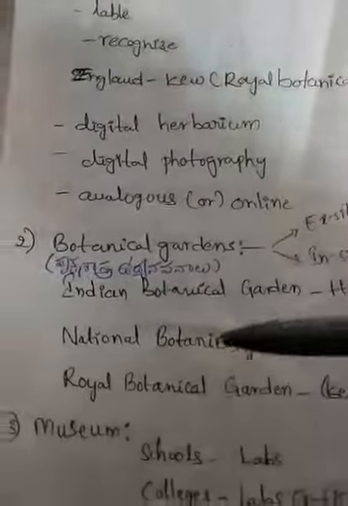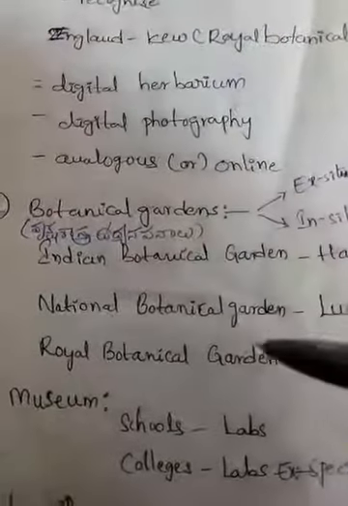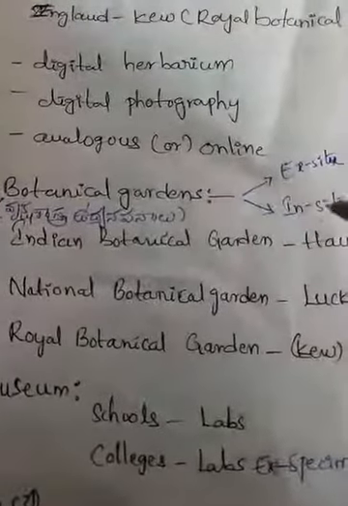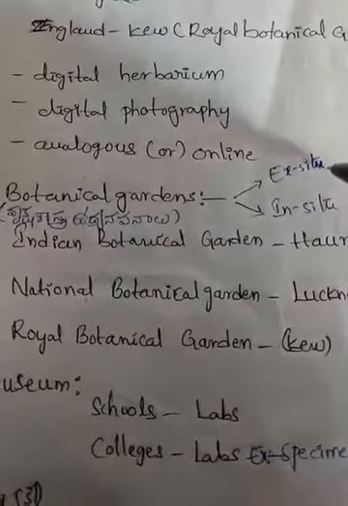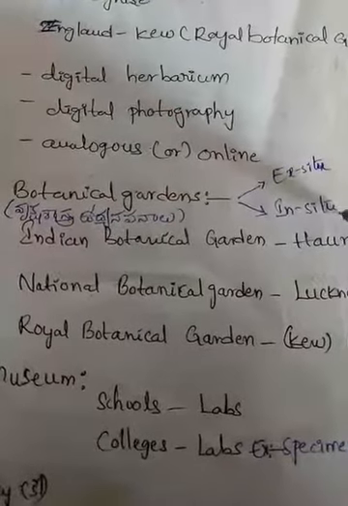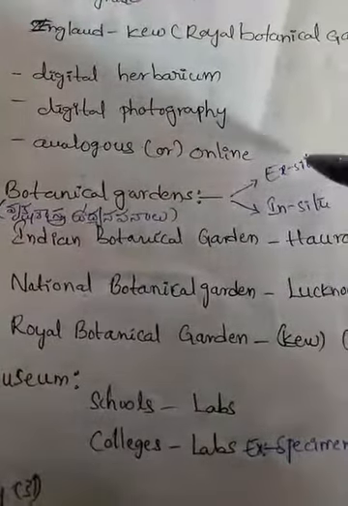Now coming to botanical gardens. Botanical gardens are of two types. One is ex situ preservation and the second one is in situ preservation. What is ex situ preservation?